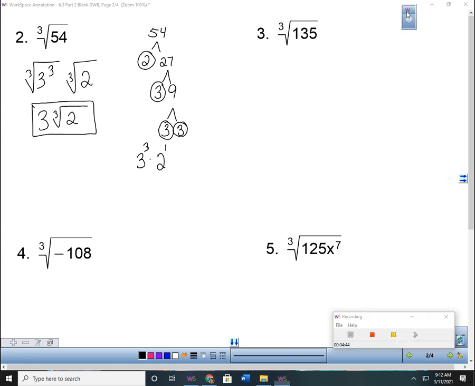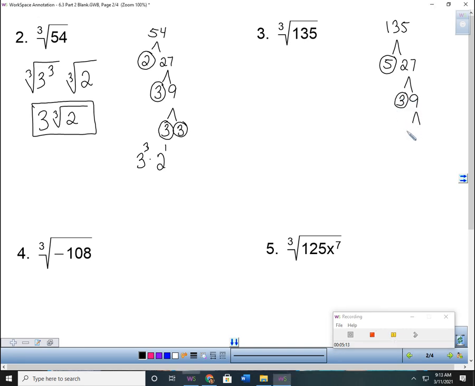So on number 3, I have a positive number under there, so we're going to go ahead and do our factor tree for 135. 135 ends in 5, so I know that it divides by 5, right? So we've got 5 and 27. 5 is prime. 27 is 3 times 9, and 3 is prime.